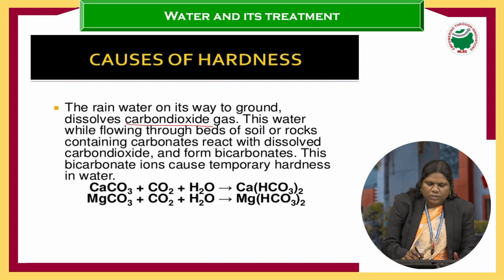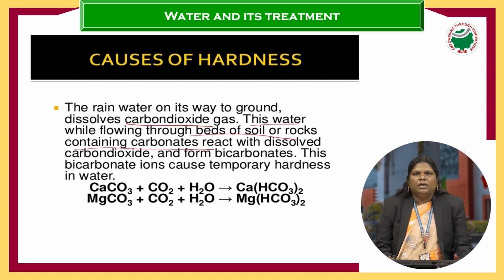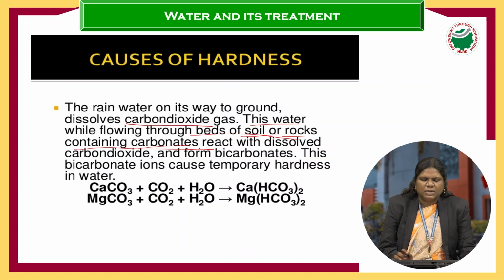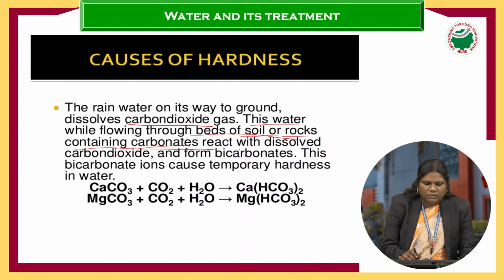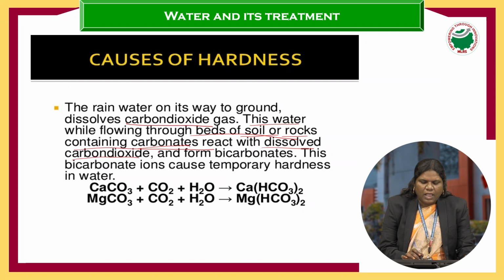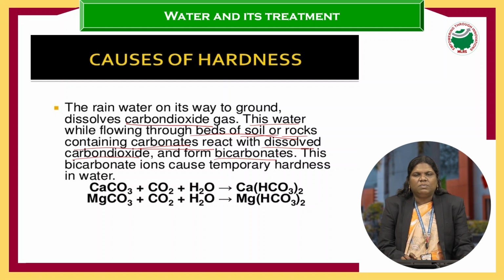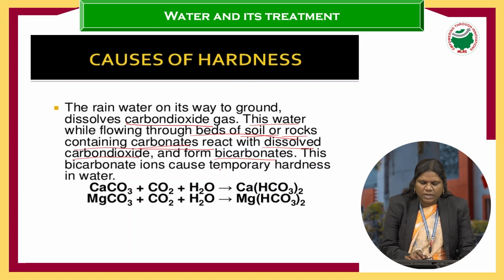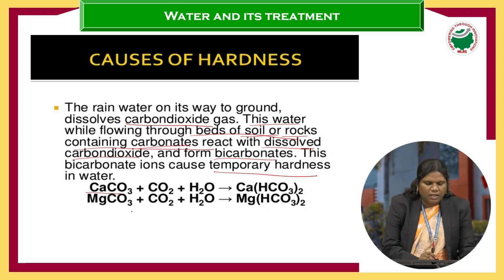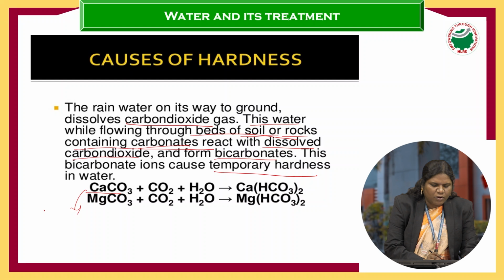This water, while flowing, passes through soils or rocks containing carbonates. These carbonates react with the dissolved carbon dioxide present in the water and form bicarbonates. These bicarbonate ions cause temporary hardness, means the calcium carbonate which is present in the ground in the form of rocks.